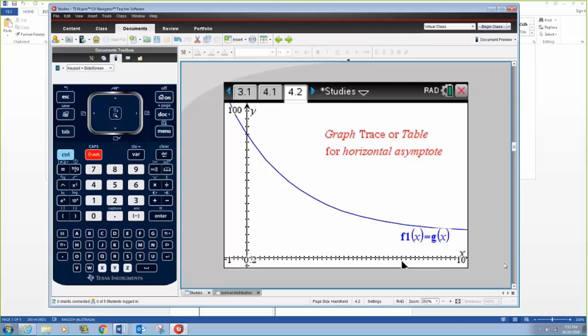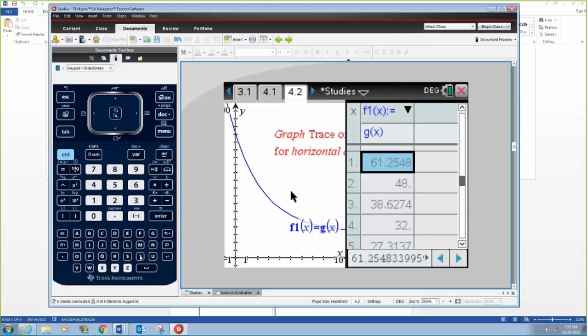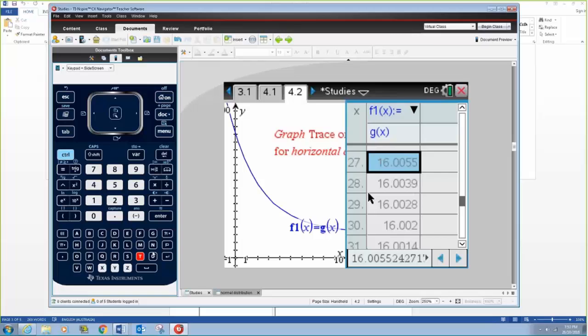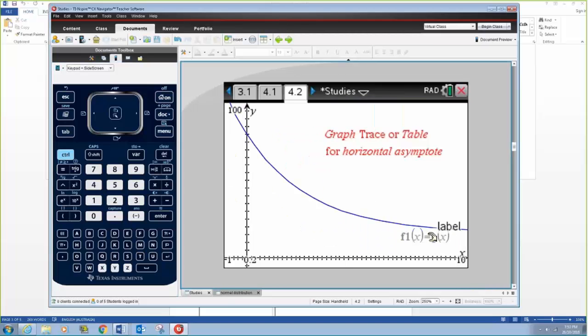So if we do Control T, the table appears, and then if they scroll down, they can just look up the numbers, and clearly if we go lower and lower, we see that this number here is about 16. So if I press Control T again, I don't have this number.